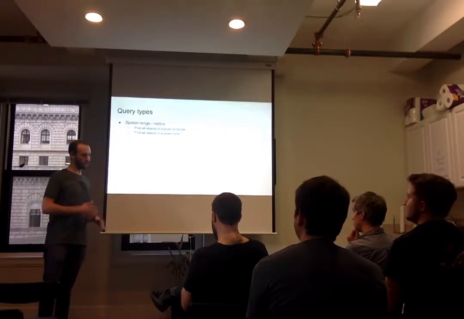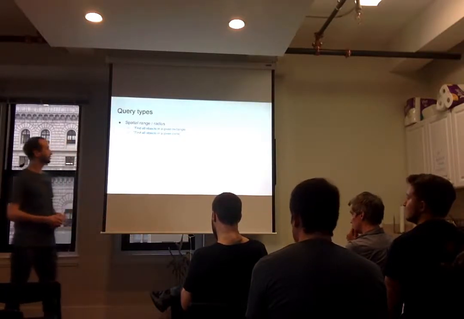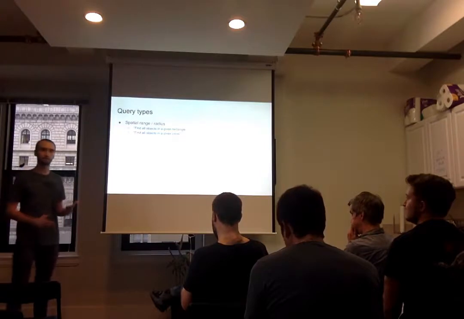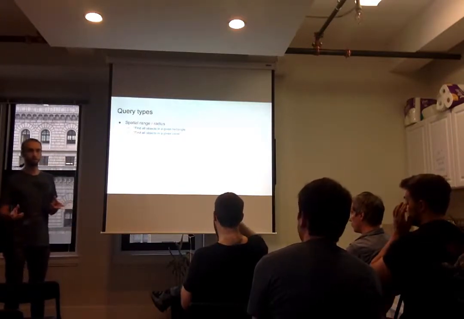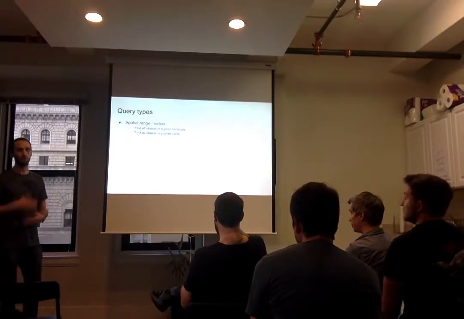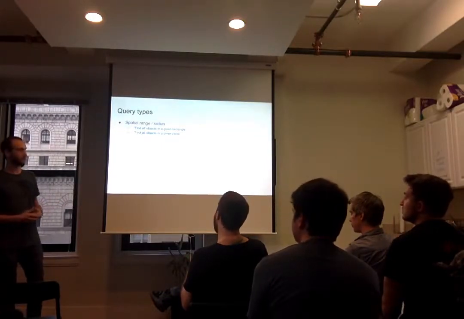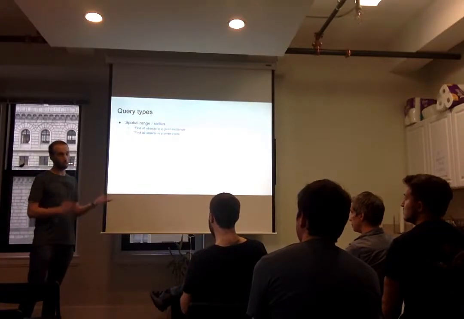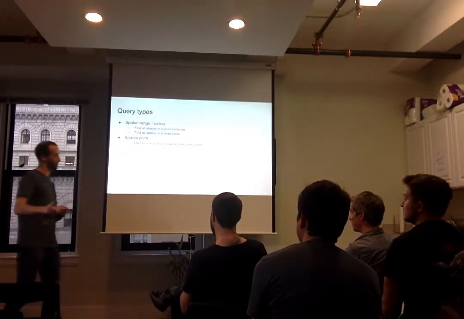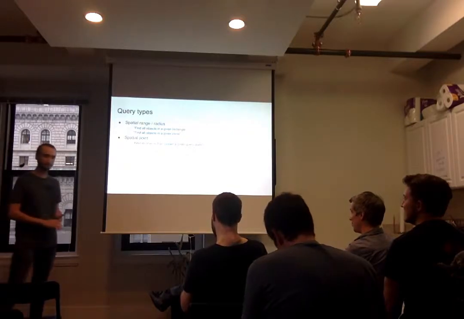So, some types of queries that we're going to be looking at. First one is a spatial range or radius, which is just asking, given a box or a circle, what objects do I know of that are within that area? Another type is the spatial point query.